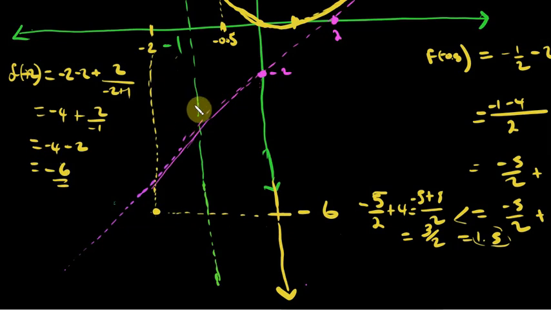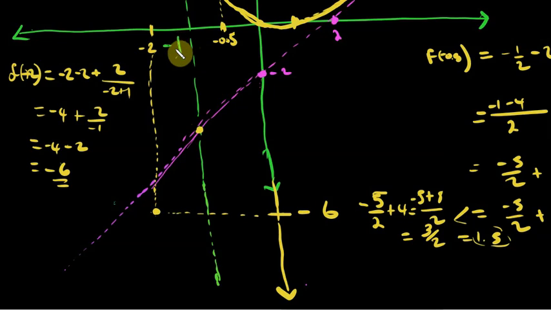I need to find out also what is the intercept with the asymptote.